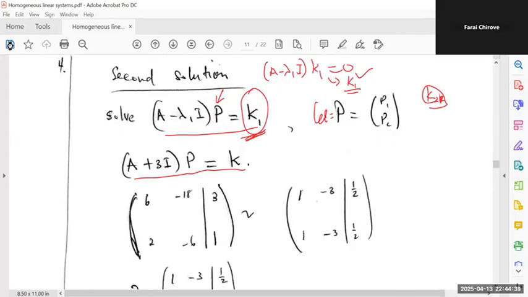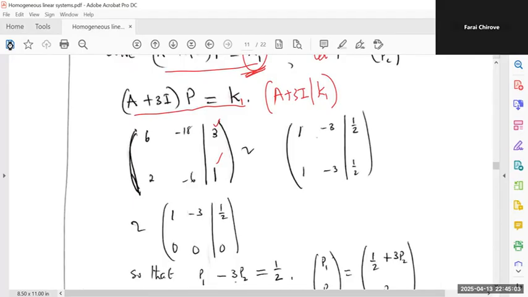And it's just a matter of now solving A plus 3I augmented with K1. So we found our K1. This is where you would want the eigenvectors to just have whole numbers and not fractions necessarily, to avoid a lot of algebra with fractions.